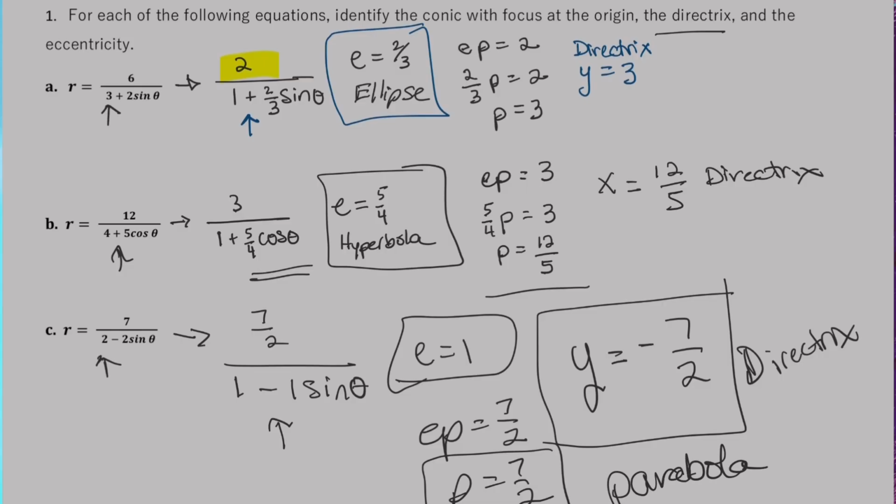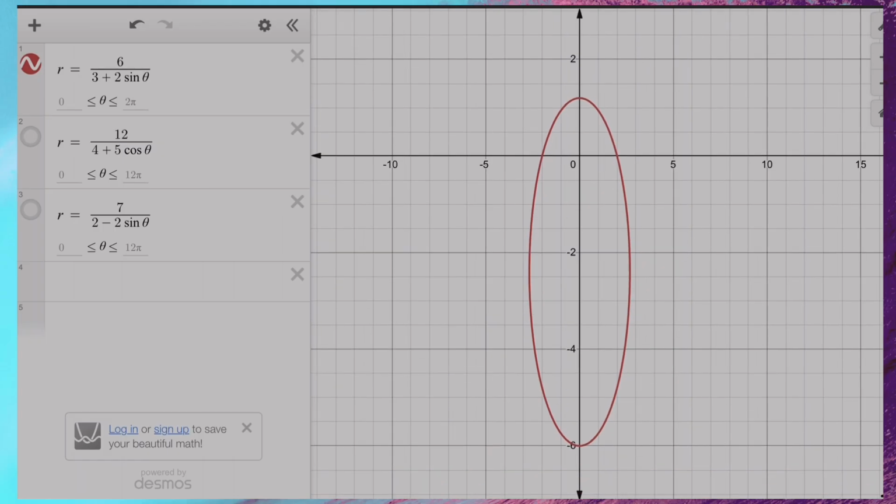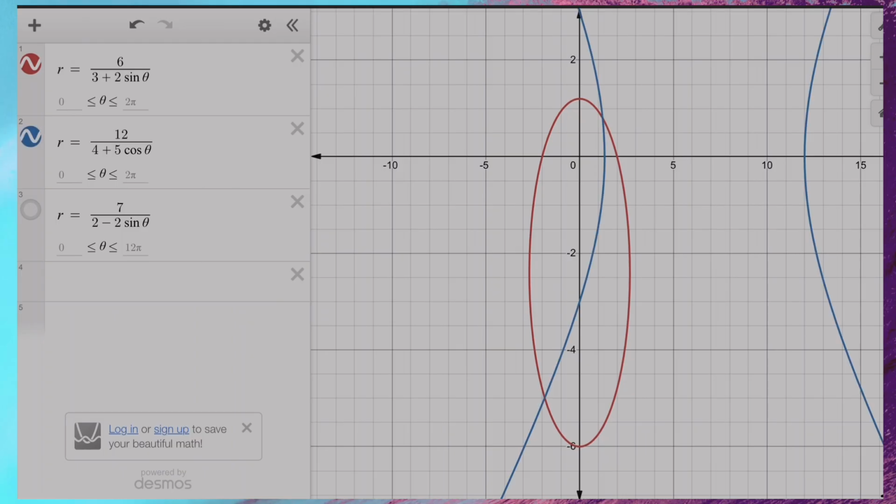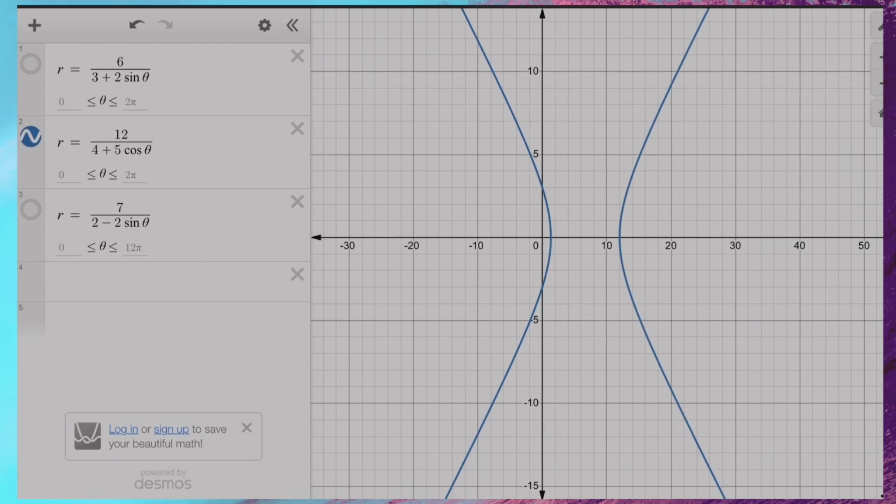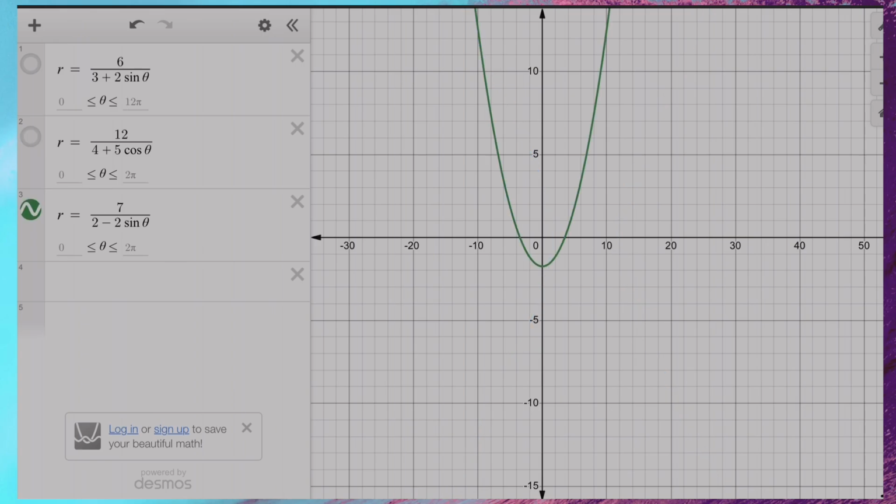And let's look at the graph of these, all three of these. All right, here's the graph of the first one. Here's the hyperbola, the second equation that we graphed. And here's the parabola, the last one that we graphed.